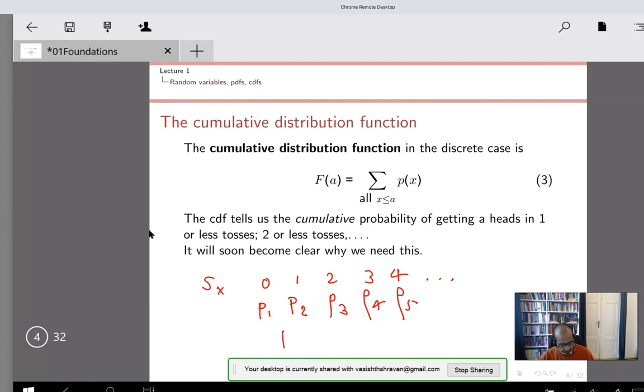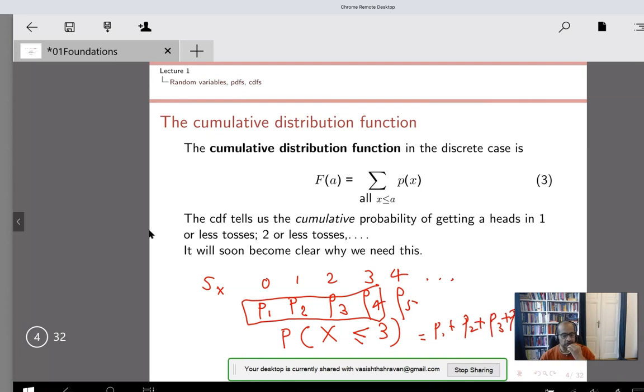So if I want to know, for example, the probability of having to toss the coin 3 or less times till I get a heads, all I have to do is sum up these probabilities, right? That's what gives me this. It gives me p1 plus p2 plus p3 plus p4, which will give me the cumulative probability of having to toss the coin 3 or fewer times till I get a heads, right?